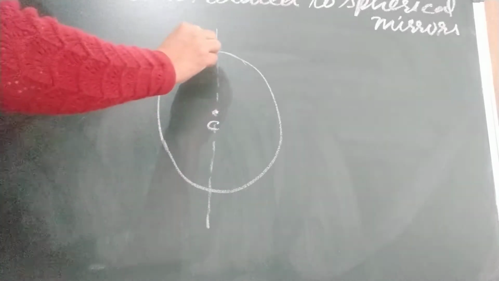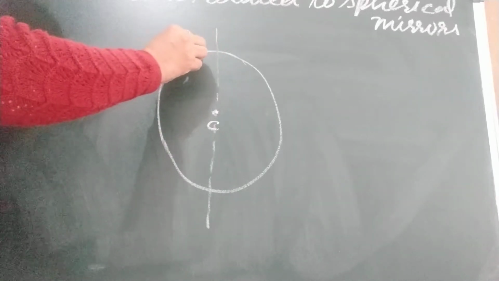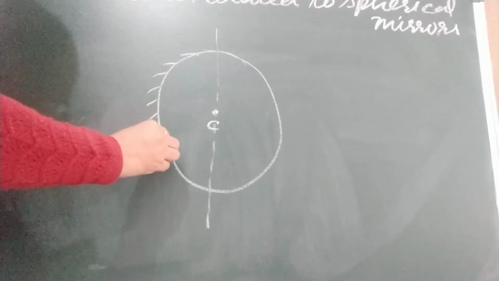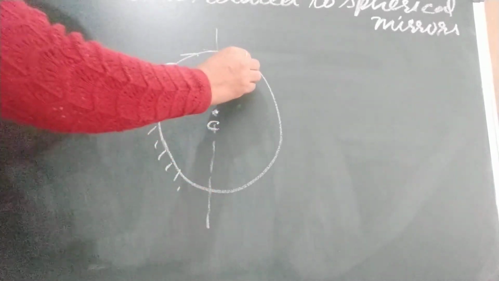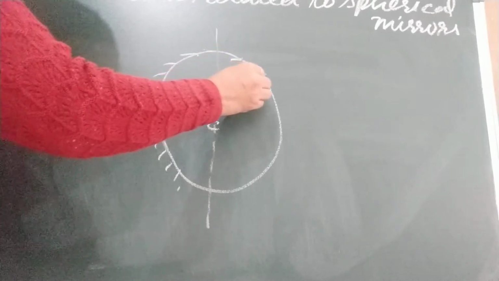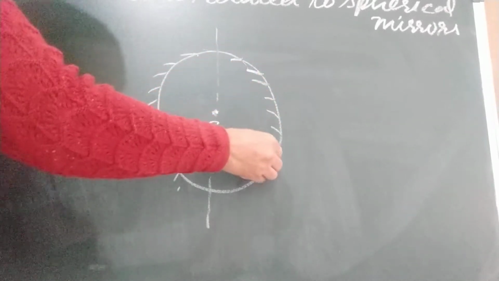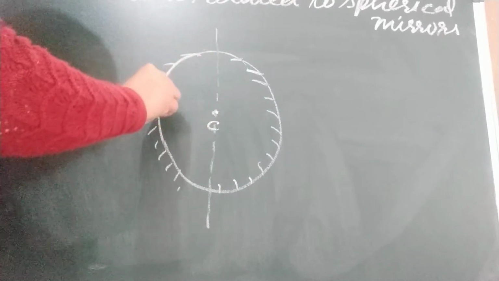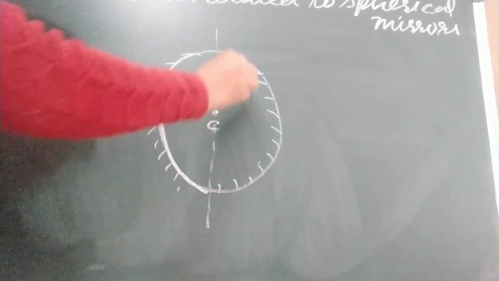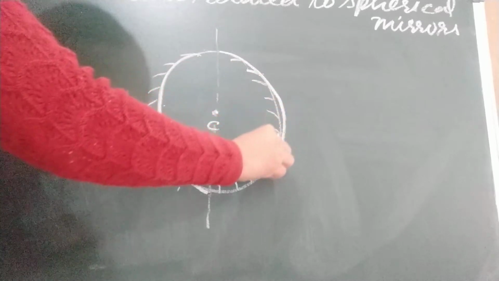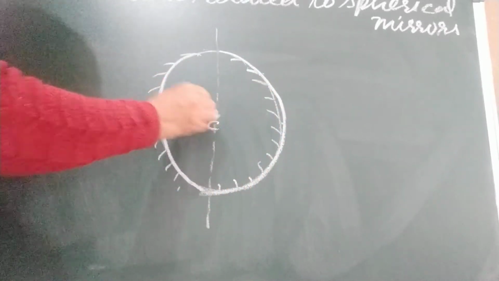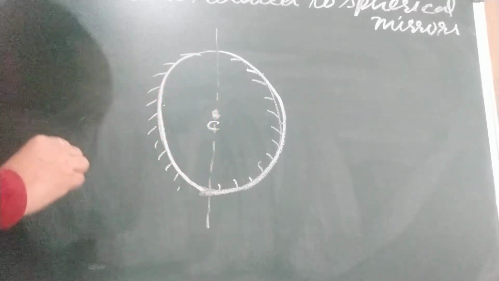Okay, this part we have painted from the back side, and this we have painted on the inner side. So what happened? This is concave and this is convex, and their centers are this and this.